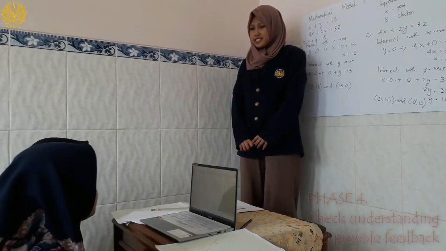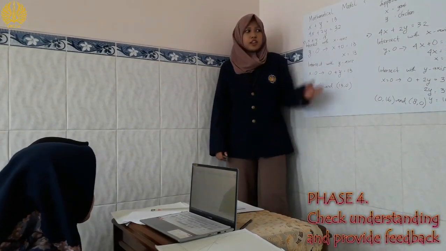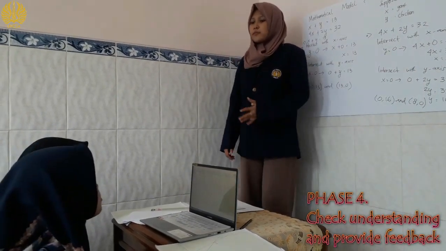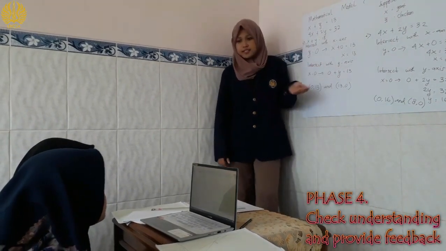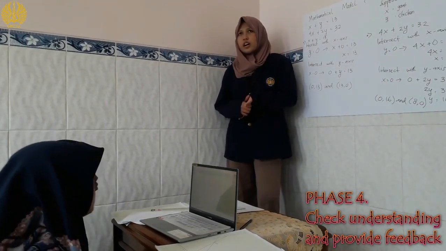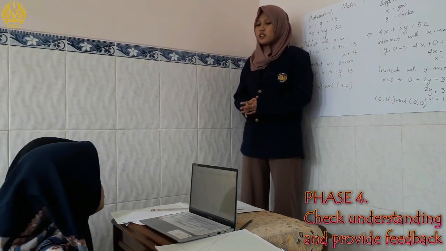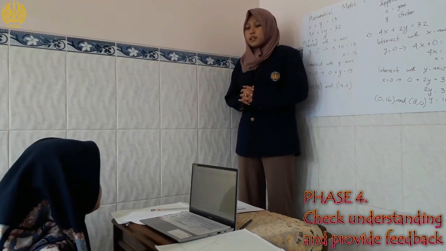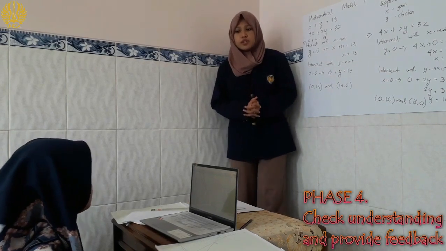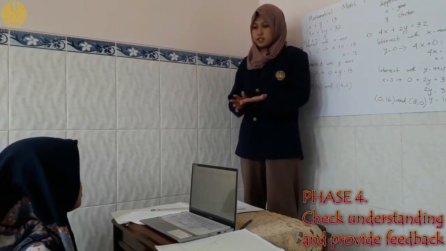Okay, now do you have any question? No, ma'am. Have you understood all of this lesson? Yes. Now I want to ask you, what are the steps to find the solution of a two-variable linear equation system using the graphical method? Risma, please.